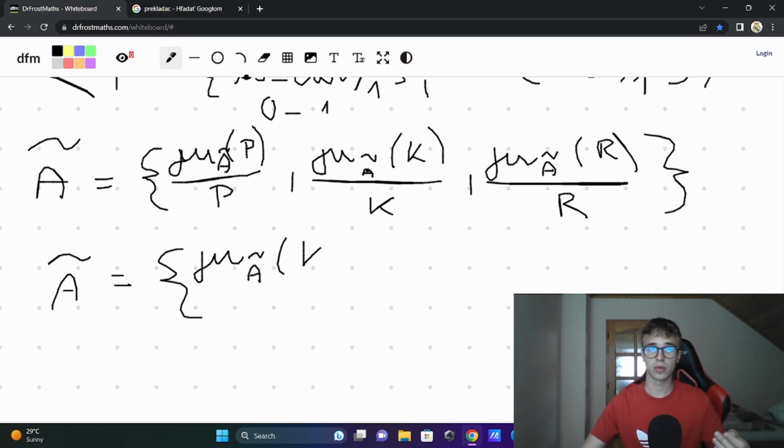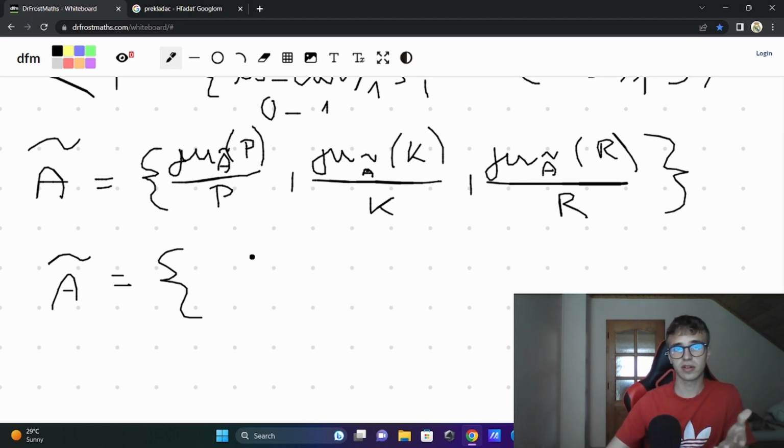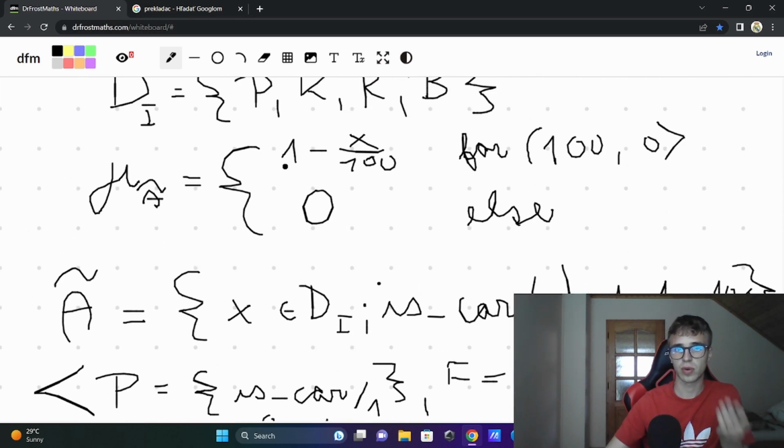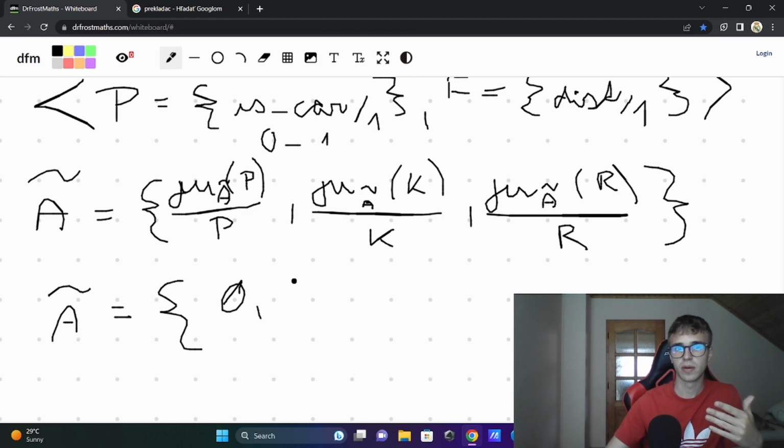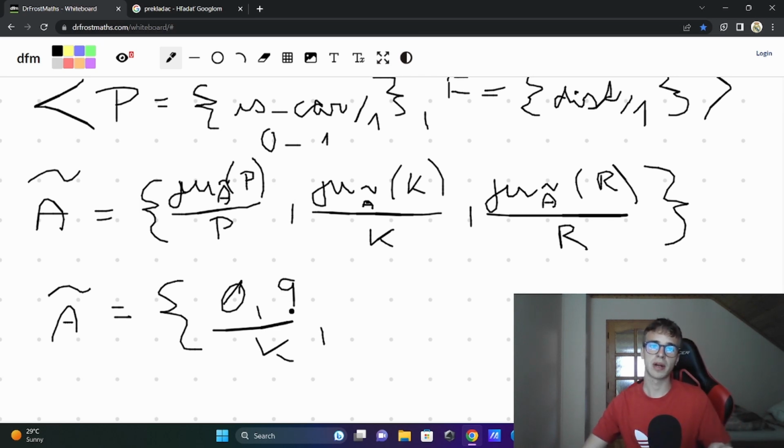So the function has given us the value of 1 minus this, so it was 10 meters from the car in front of it, so it gave us the value 0.9 for Kia. This is the force we need to apply to the automatic brakes right now.